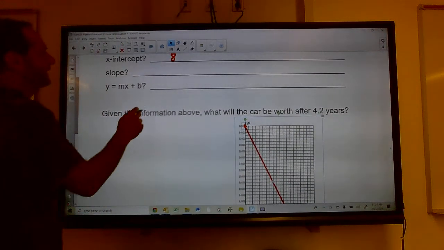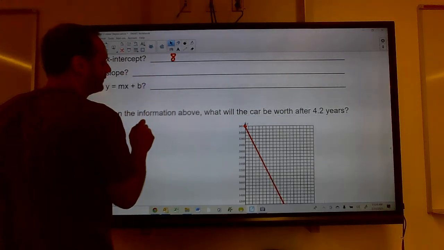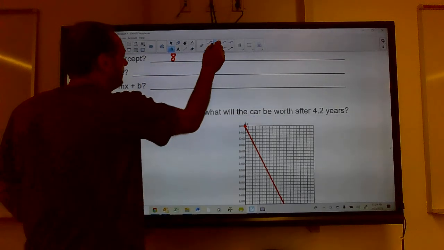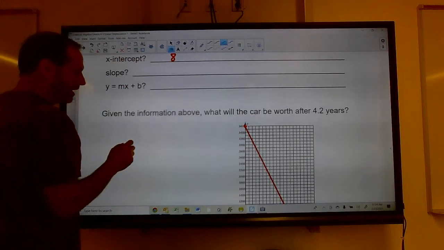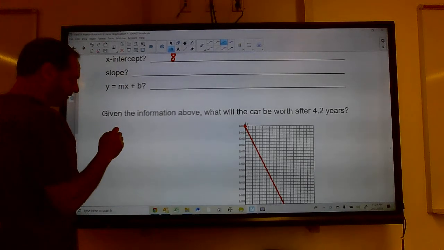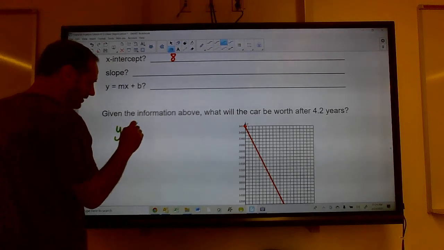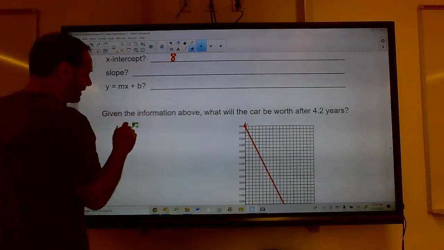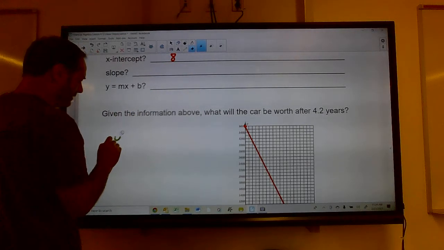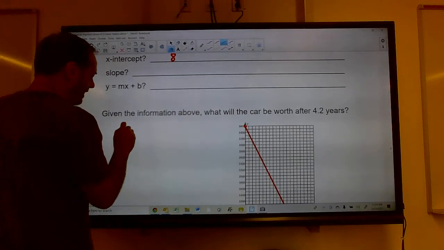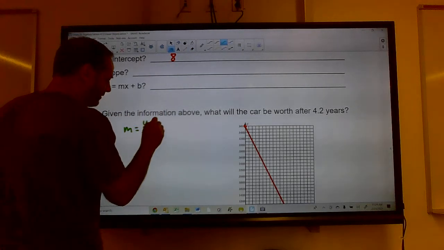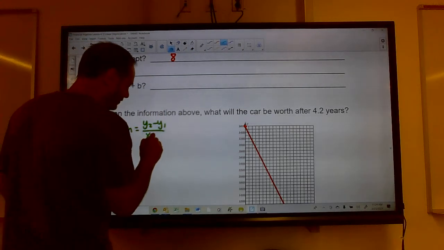All right, let's calculate that slope. The slope is going to be the difference in the y's over the difference in the x's. So here's my slope formula. It's m equals y2 minus y1 over x2 minus x1.